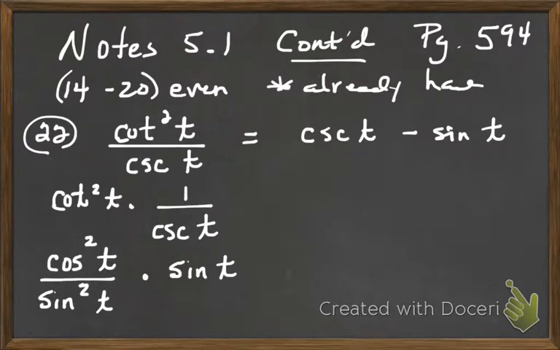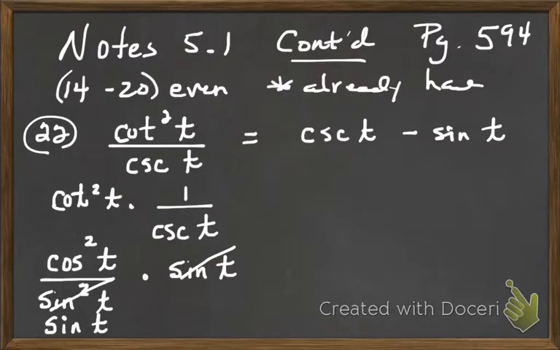All right, do you see anything that could happen at this point? Okay, you could cancel your one sine in the top with your sine squared, but then you would still be left with just a sine. Alright, so now I have cosine squared over sine.